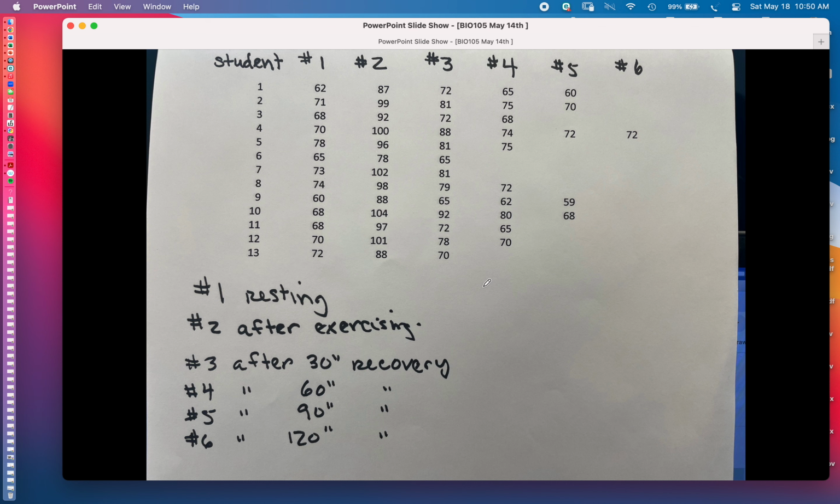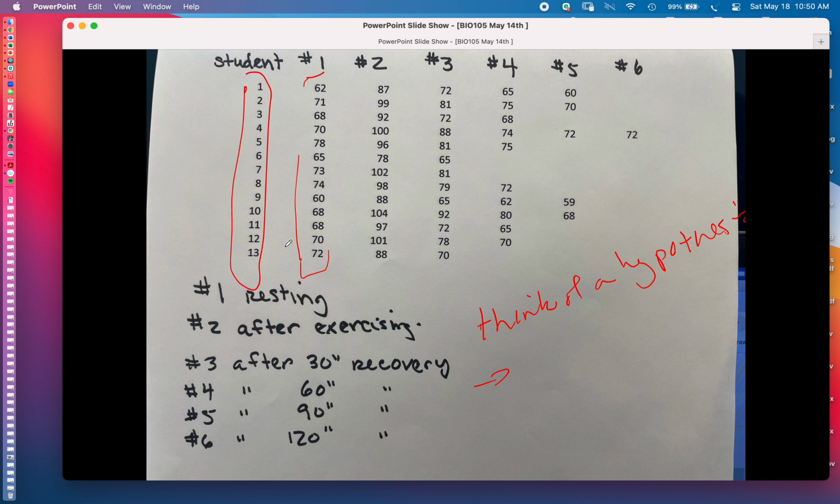The first thing to do about this data is think of a hypothesis that you could test using some or all of this data. And what is this data like? There were 13 students, and they measured their resting heart rate, and then they exercised, and they measured their heart rate, and then they measured it every 30 seconds until their heart rate returned to the original resting heart rate. Okay, so that's the data you're going to work with.